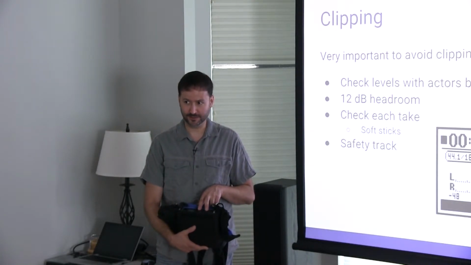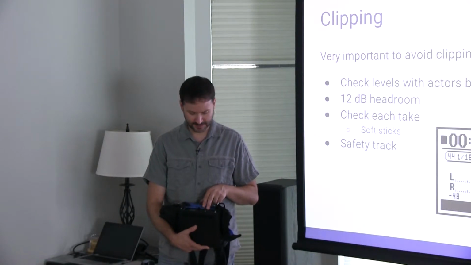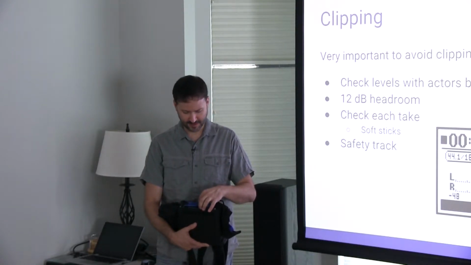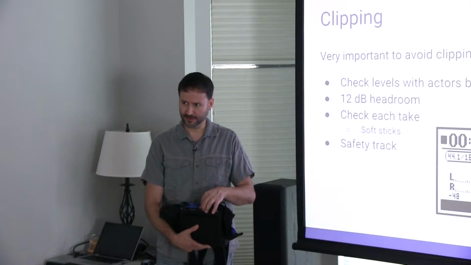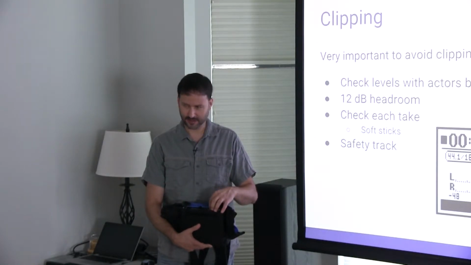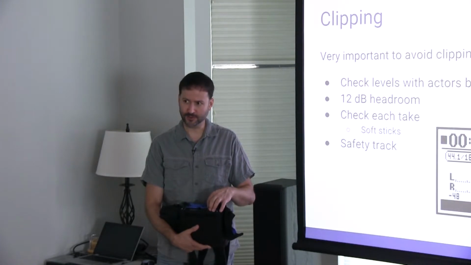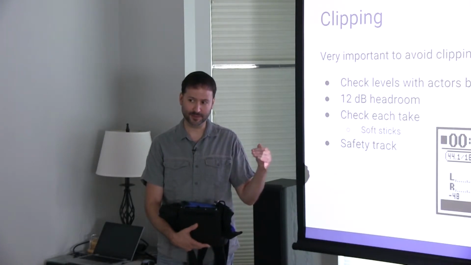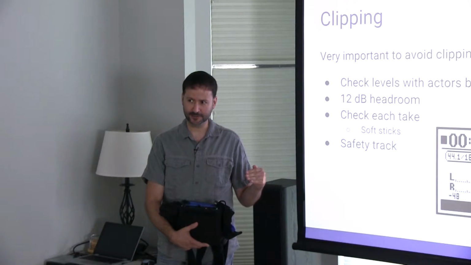Identical inputs. But the difference is that I can set the gain on track 1 to be higher than the gain on track 3. So track 3 is recording lower. It's the same input, but it's recording at a lower level.